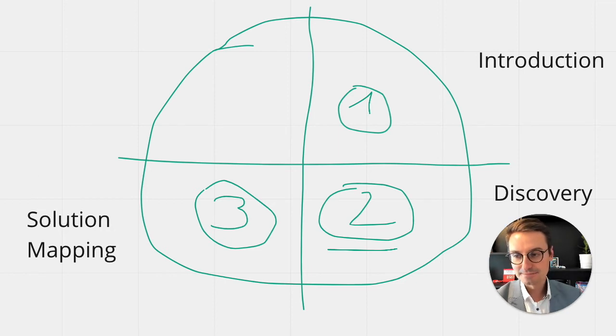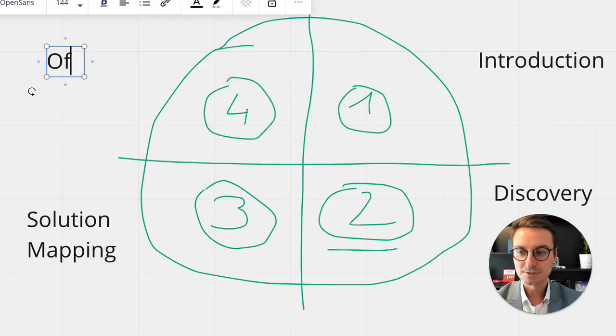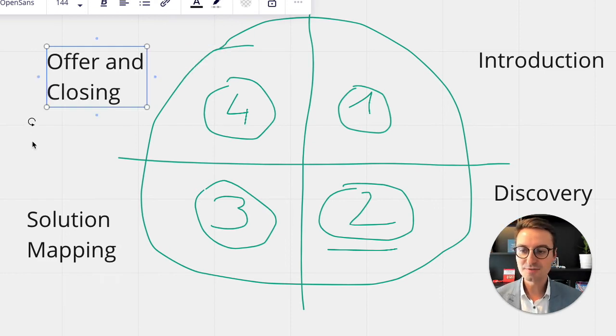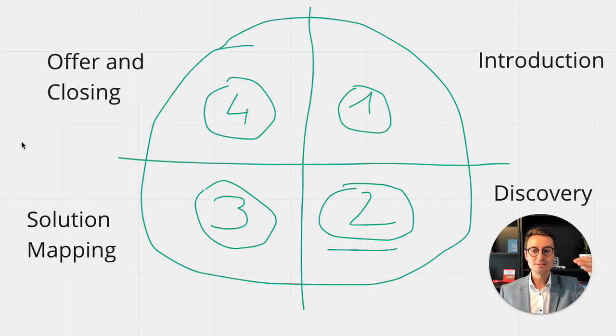To go then to phase number 4, which is really important obviously too, is offer and closing. So in this phase, you provide the offer. With Kickscale, you get a sales playbook platform where all your best processes are in there.